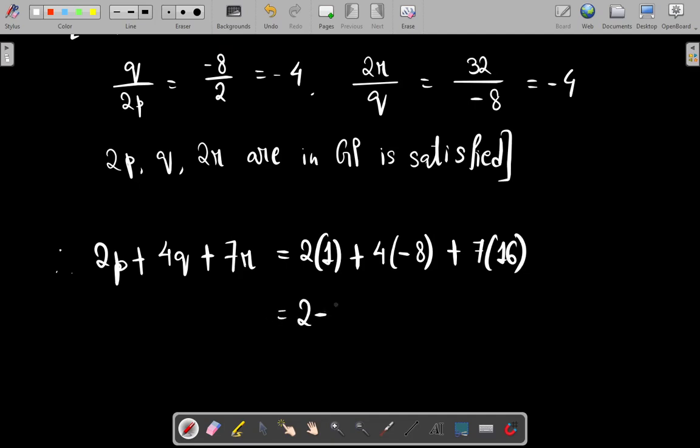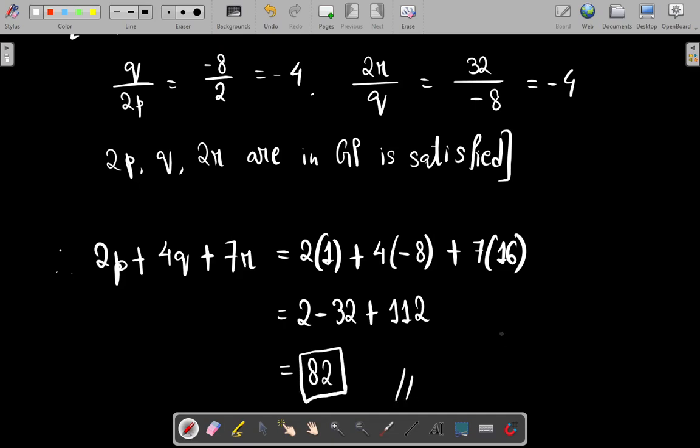So this becomes 2 minus 32, and 7 times 16 is 112. 2 minus 32 is minus 30, and 112 minus 30 is 82. So this is the required final answer.